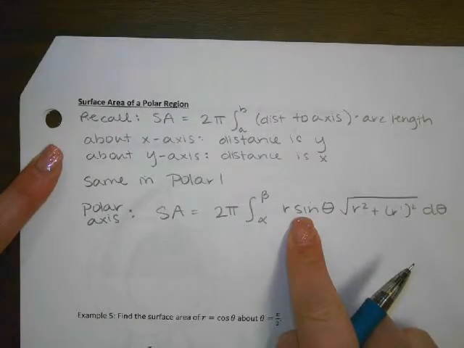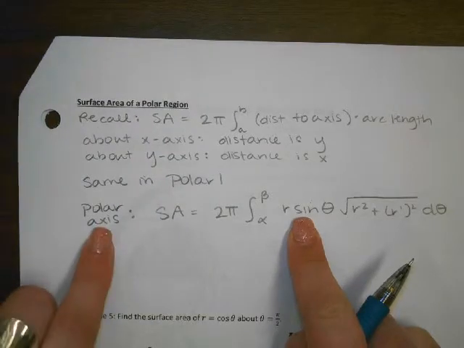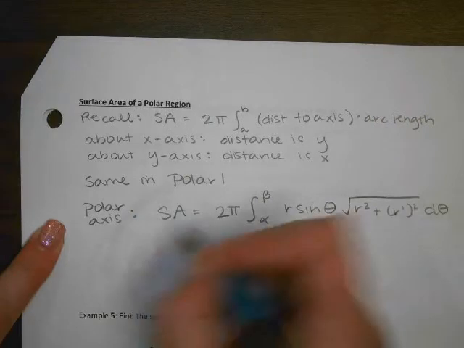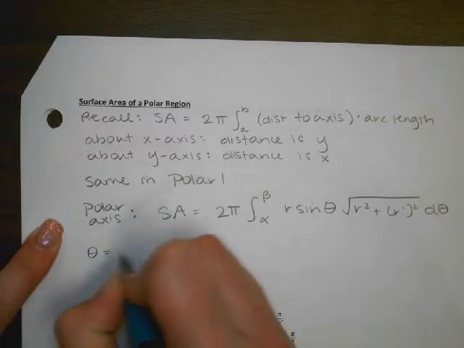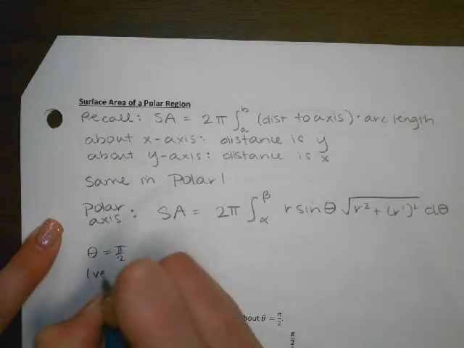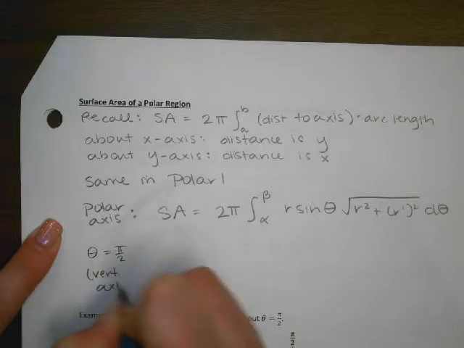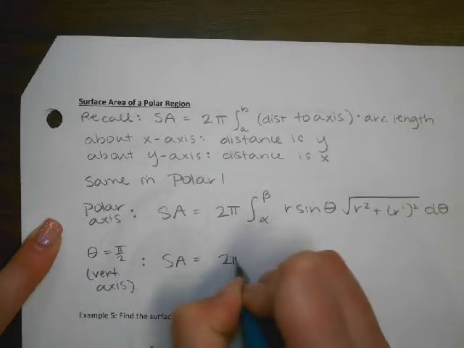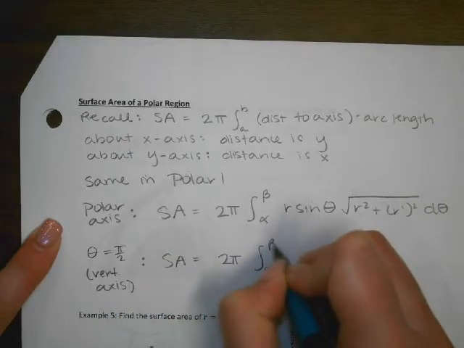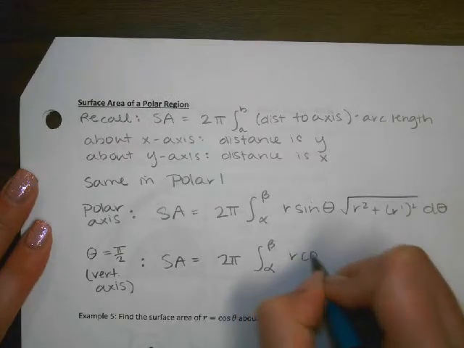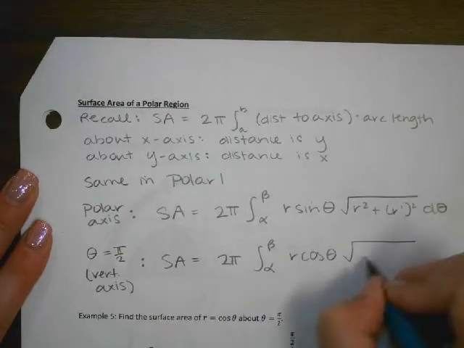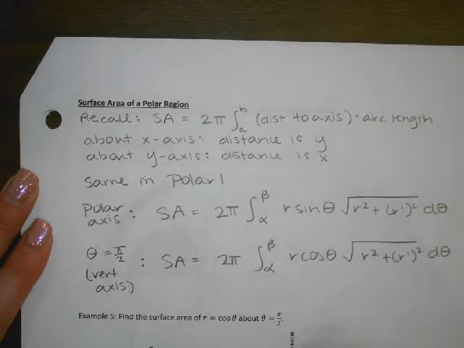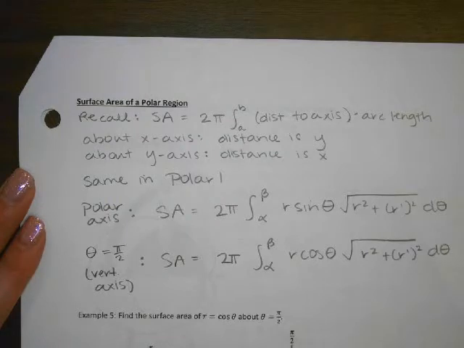And r sine theta really is y, and the polar axis is the x-axis. So for the x-axis, the distance is y. For theta equals pi halves, which you can think of as the vertical axis, the surface area is 2 pi times the integral from alpha to beta of r cos theta, which we know is x, and then times the arc length. Okay.